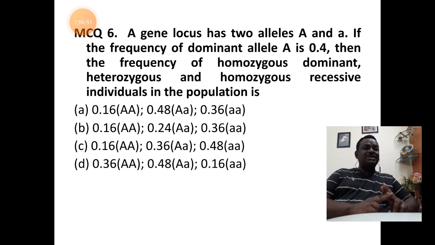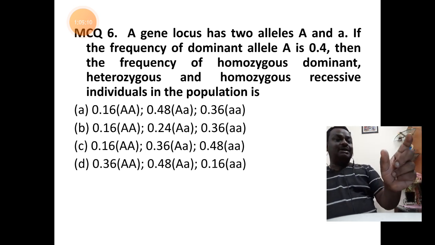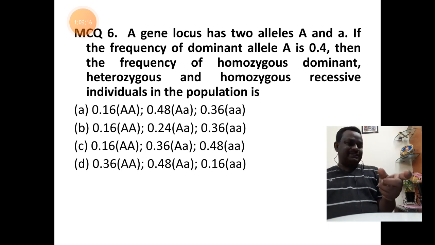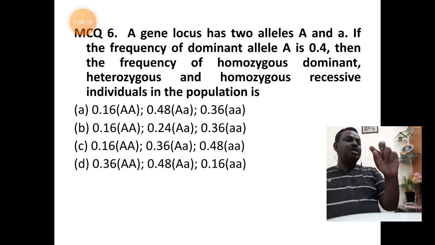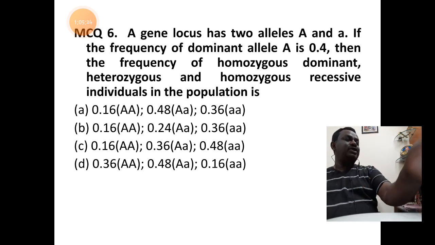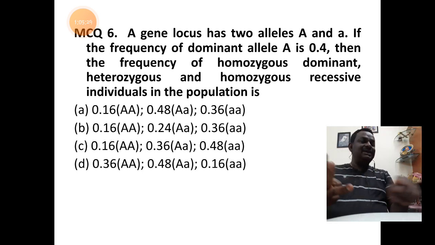A gene locus has two alleles, capital A and small a. The frequency of dominant allele is 0.4. Okay, that is small p. Small p is 0.4. The frequency of homozygous dominant, heterozygous, and homozygous recessive individuals. So when I say homozygous, heterozygous, it represents the genotype frequency. So p into p is p square. So it should be 0.4 into 0.4, 0.16 for capital A, capital A. So D is not selected.